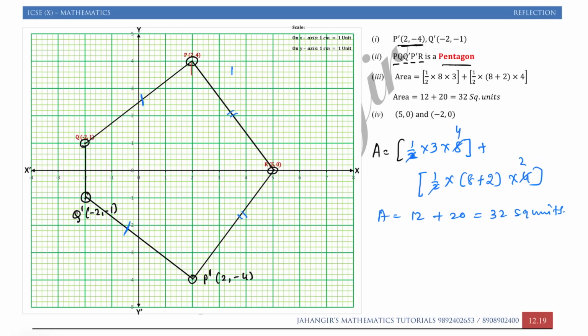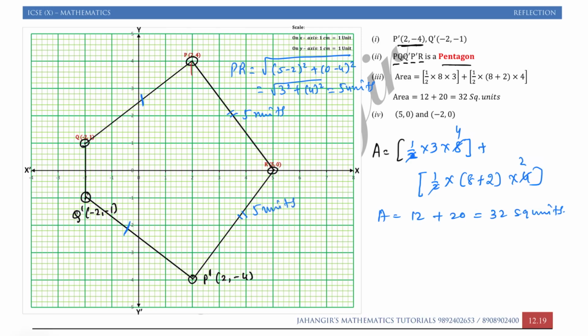The distance PR will be, we know the distance is the square root of x2 minus x1, here 5 minus 2 whole square plus 0 minus 4 whole square, so that is 3 square plus 4 square, 9 plus 16, 25. The square root of 25 is 5 units, so this is 5 units and this is also 5 units.